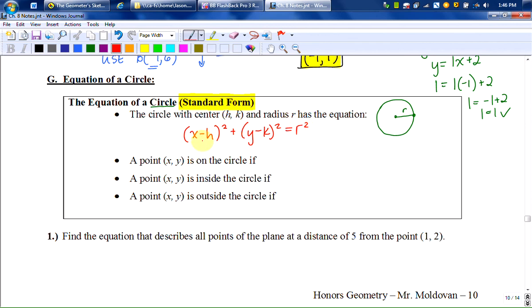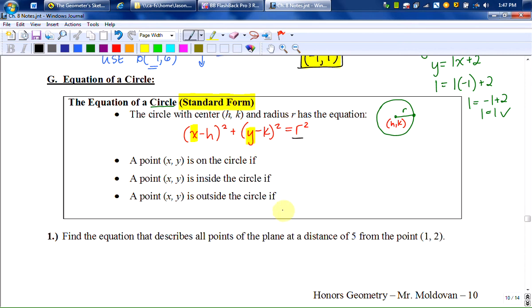The only difference being, well, several differences. One of the differences being that we got rid of x1 and x2. And now we have h and k. H and k is the center of the circle. These variables, x and y, when we're writing the equation of our circle, they remain x and y. They remain variables. And then on the other side, we have r squared.